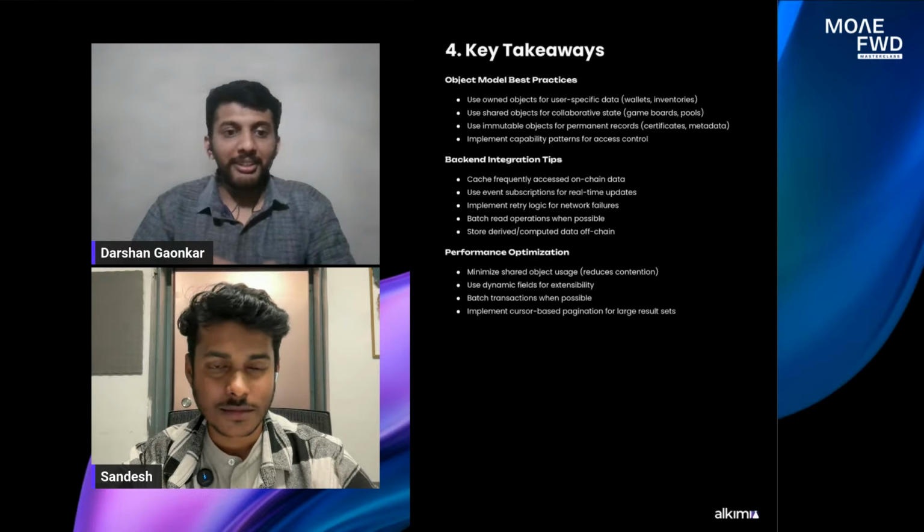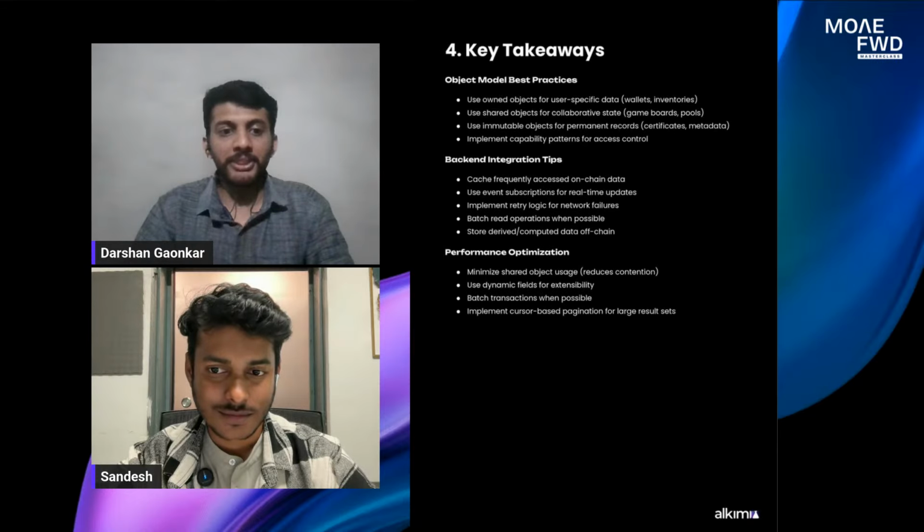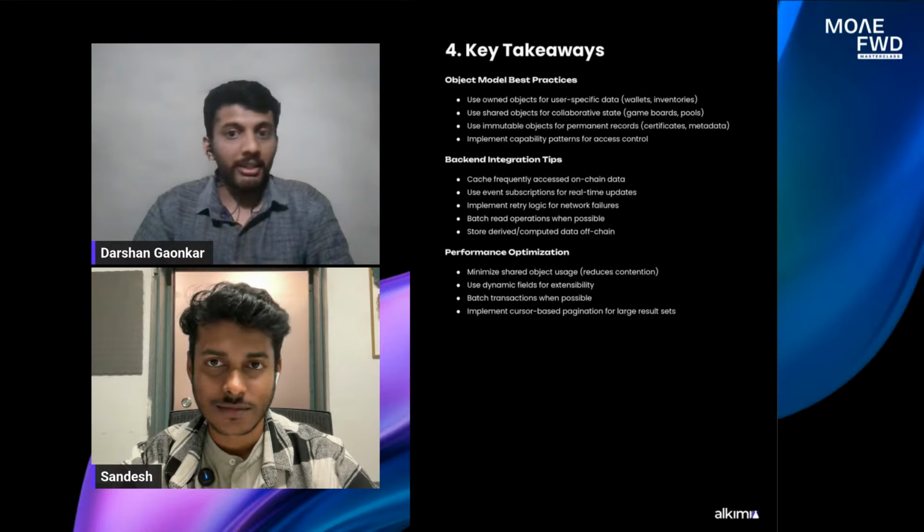I know we can't cache everything, but a few objects, whenever possible, we can cache or store somewhere in a DB or as a cache. We can reuse that and use event subscription for real-time updates. This is what we have already discussed about querying events. The Sui SDK will provide a way to query events from the on-chain events, the live events.